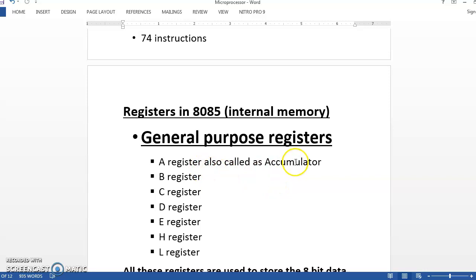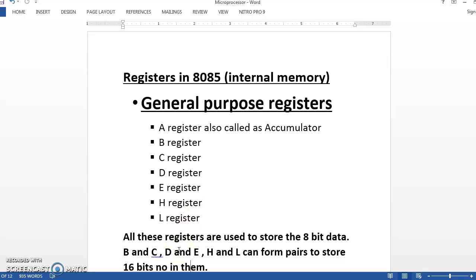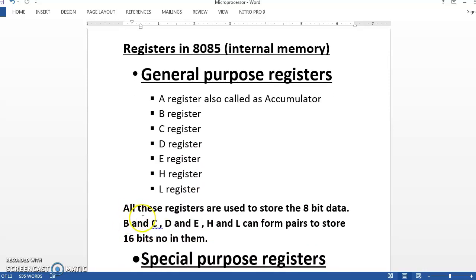A register, which is also called the accumulator, B register, C register, D register, E, H and L. You have to remember the names of the registers as they are required to write the programs. All these registers are used to store the 8-bit data. Okay, whatever is the 8-bit number, we can store either in one of these registers or all the registers.